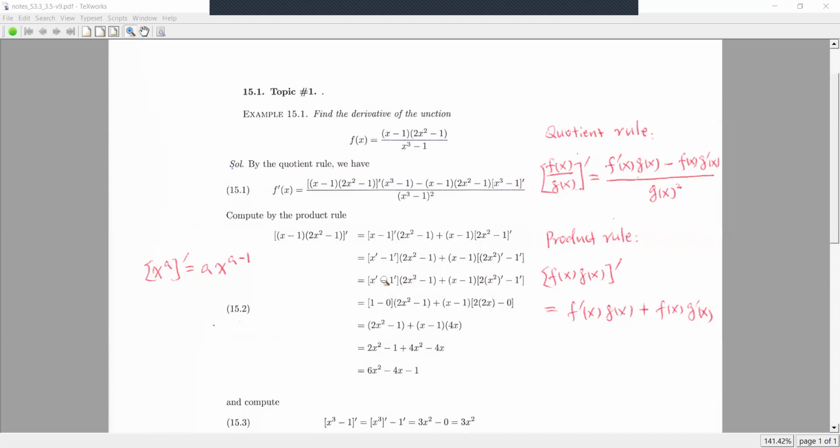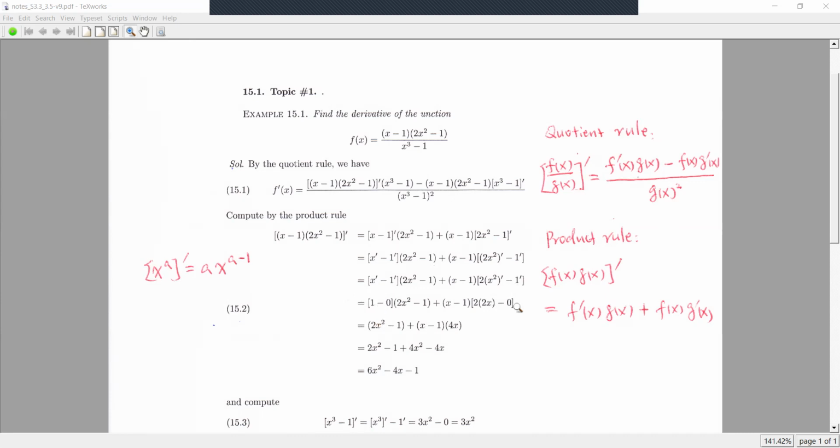Now, derivative of x is 1. Derivative of 1 is 0. Derivative of x squared is 2x by this formula. Derivative of 1 is 0, so we have this equation.